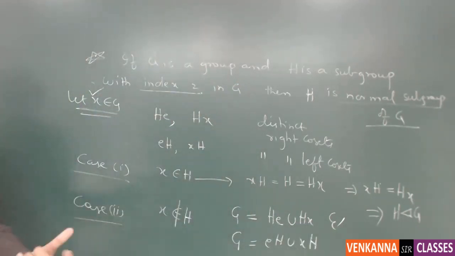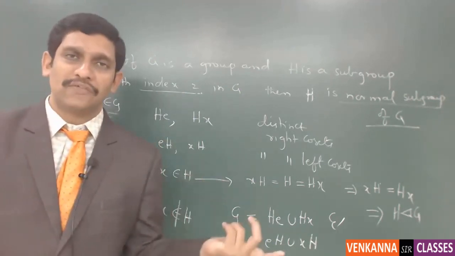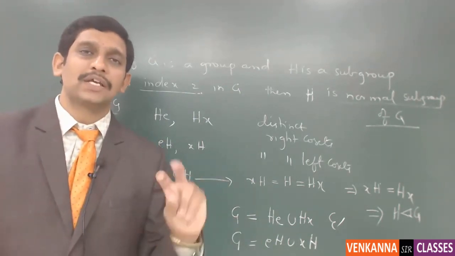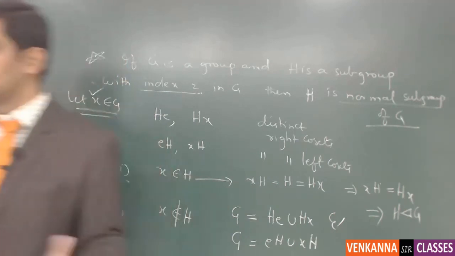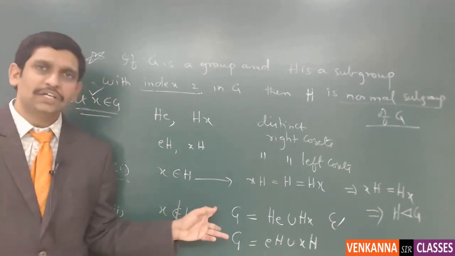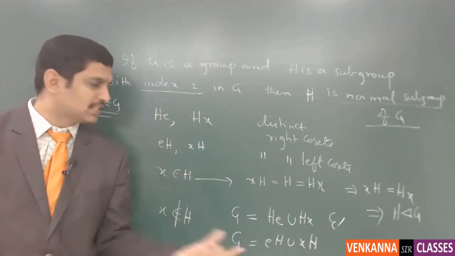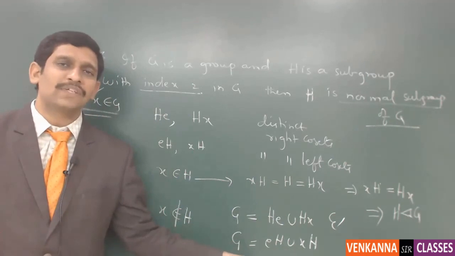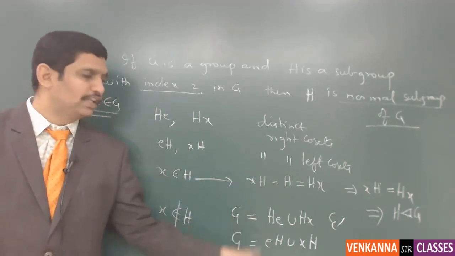So G can be written as a union of left cosets, and G can be written as a union of right cosets. You can consider any type of coset, that is up to your possibility. So for G, you got two representations, representation 1 and representation 2.